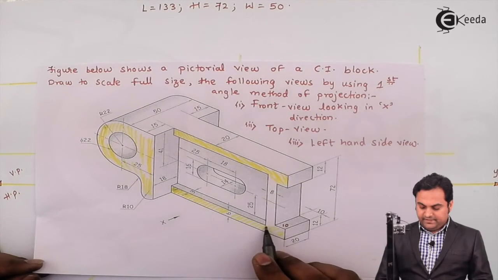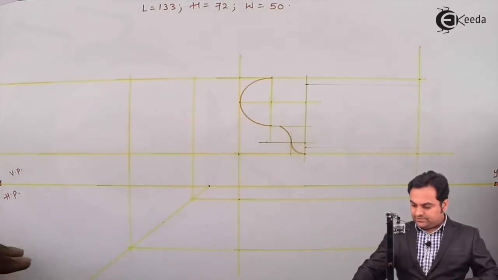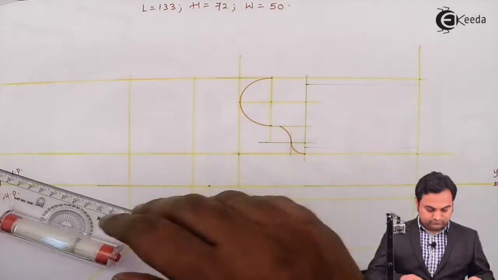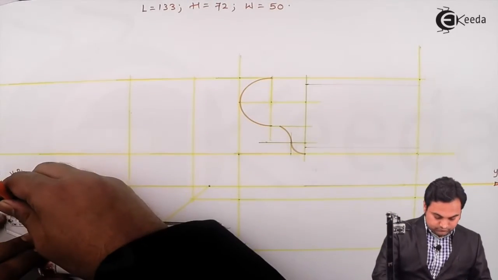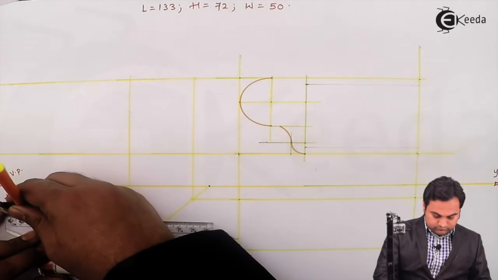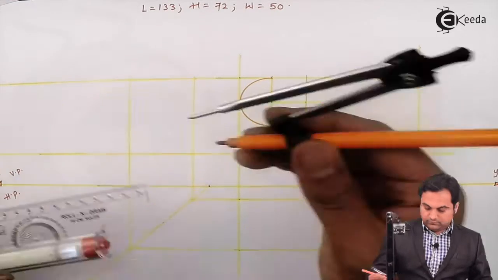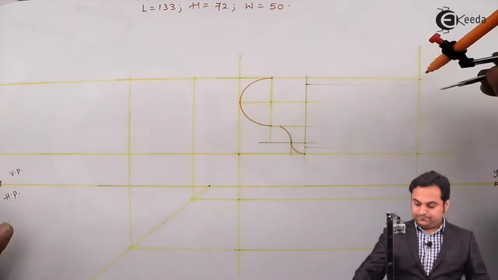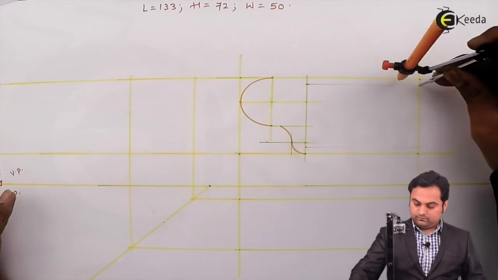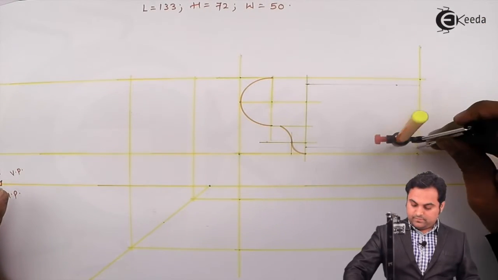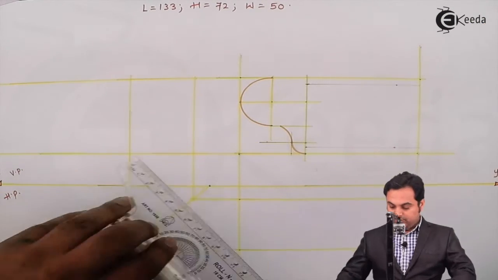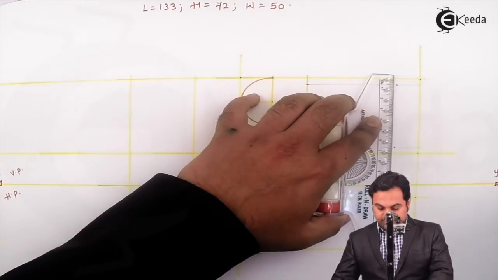So I can say that 18 mm from one side. I'll measure the distance. Taking 18 mm and marking it. Then from there, I'll draw light line connecting them.